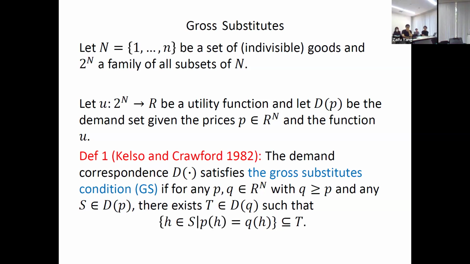So the price changes from P to Q, and you have a new optimal bundle, and this new optimal bundle must contain those items whose price has not changed but which you previously demanded.